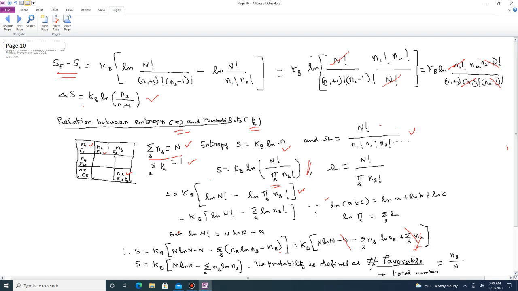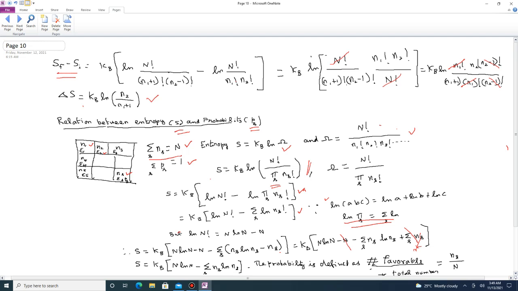So the logarithm of the product is equal to the summation over the logarithms. Using this, the second term in that expression will be expressed as the sum over s of the logarithm of n_s factorial.